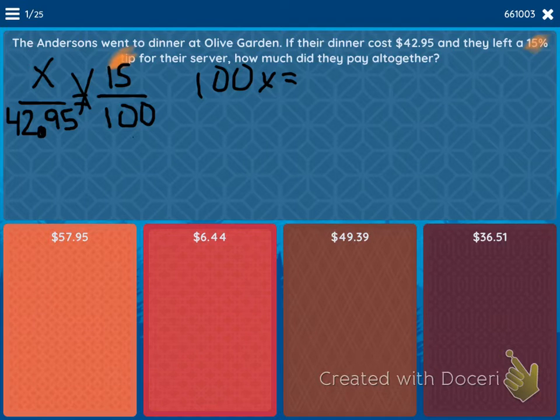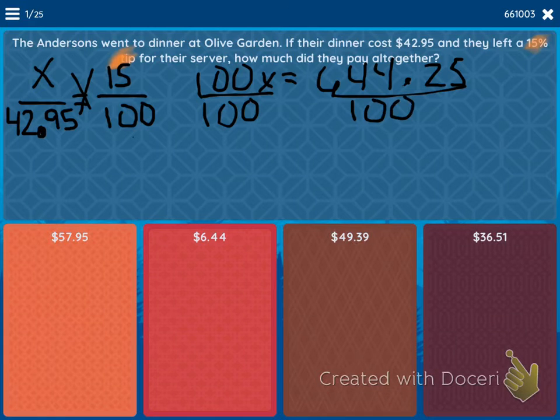And that's 644.25. When we divide both sides by 100, we move it back 2 spaces, and we're left with 6.4425.